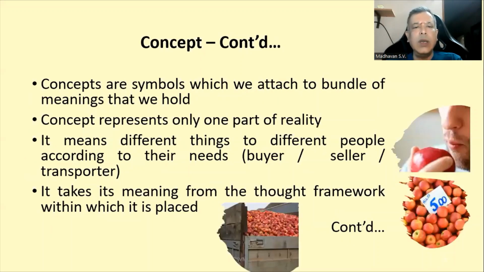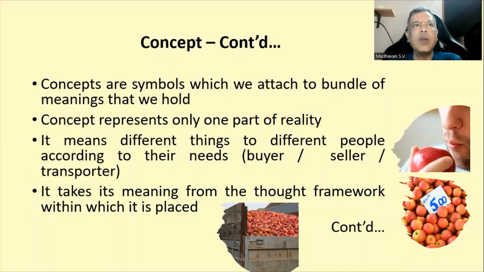Now, concepts are symbols which we attach to the bundle of meanings that we hold. They represent only part of reality, which means a particular thing can mean different things to different people. For example, consider an apple. An apple may have a buyer, a seller, and a transporter.